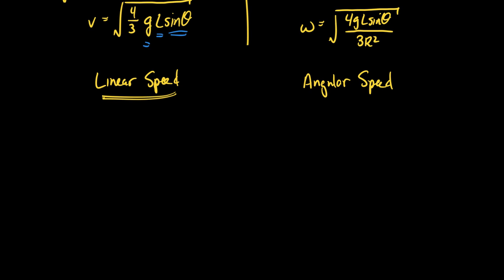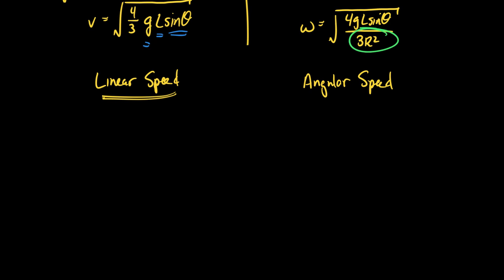In order for two things to have the same linear speed, the smaller one will probably have to be spinning faster than the bigger one if they're traveling at the same speed. I think that's something you should be able to put into words. This is put into math speak. But can you see that because the r is in the denominator, if you make r bigger, the angular speed will be smaller? I think you should see that.